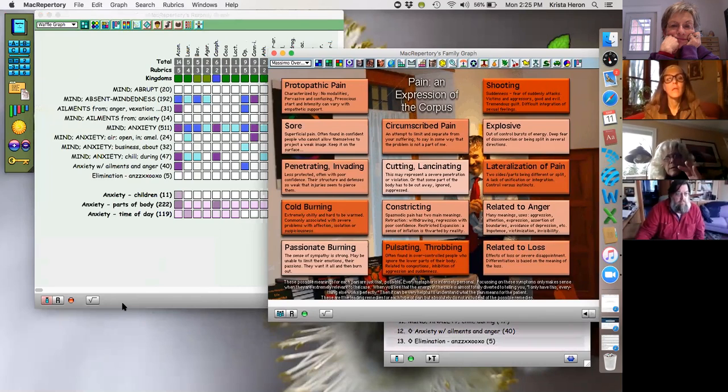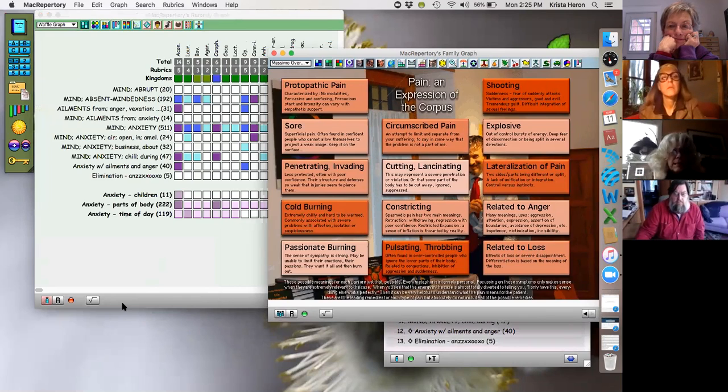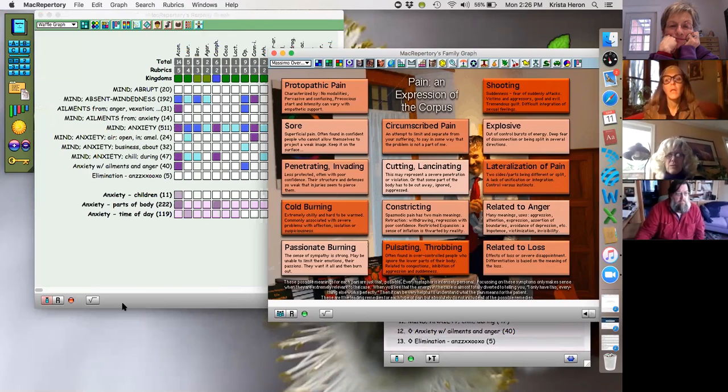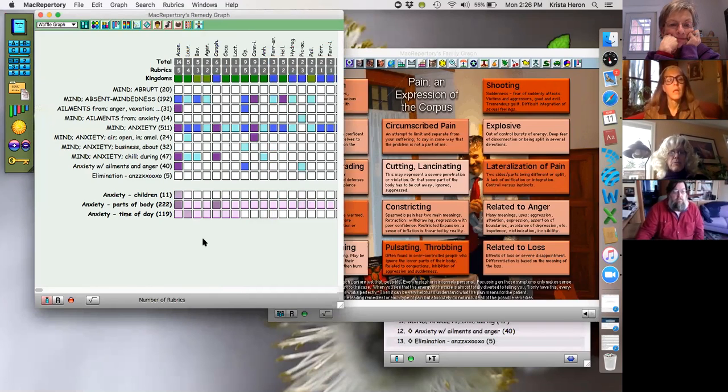Now it's opened up. It's no longer limiting us just to the calcareas that we originally searched for, but all the other remedies that just happenstancely, if that's a word, were in those rubrics as well. Those rubrics about anxiety that also have explosive sensations are now shown on this graph.